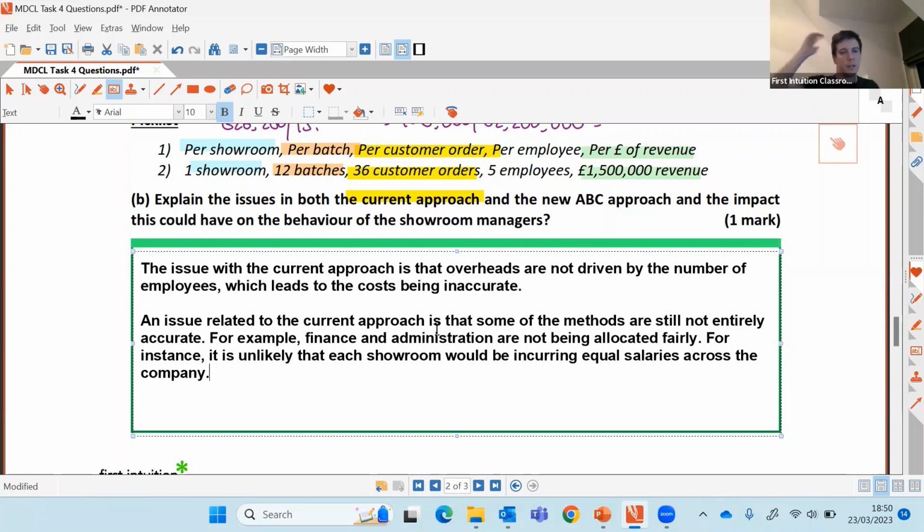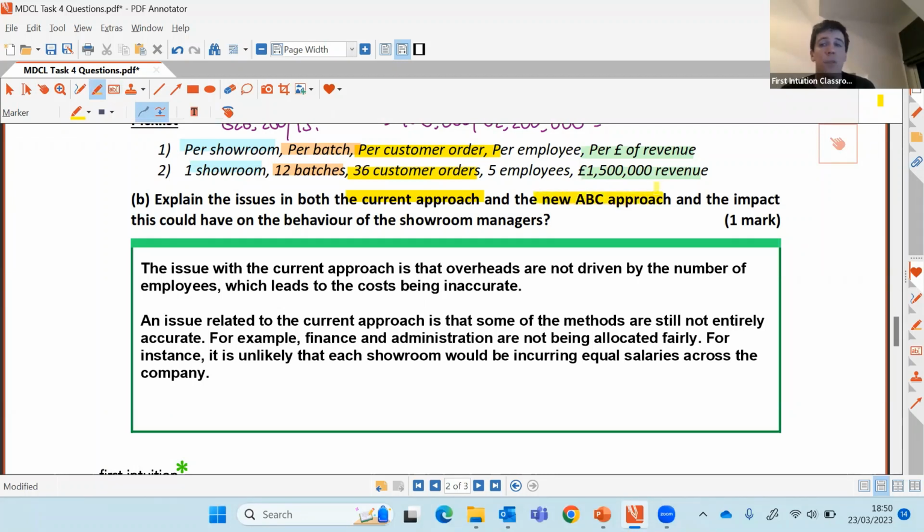It's unlikely that salaries, as an example, would be completely evenly split across every single showroom. And as a result, the way that it's done, let's just divide it by showrooms, I don't think is particularly accurate. So effectively what I've done there is done that.